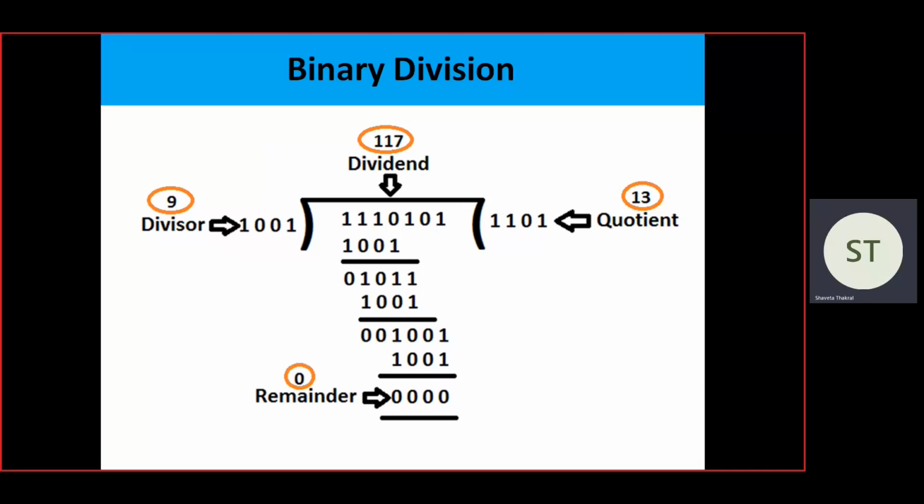So with the help of binary addition we can perform binary multiplication, and binary division can be performed by binary subtraction, and binary subtraction can be further implemented by binary addition. So the ultimate conclusion is that with the help of binary addition we can perform all the remaining arithmetic operations, that is subtraction, multiplication as well as division.